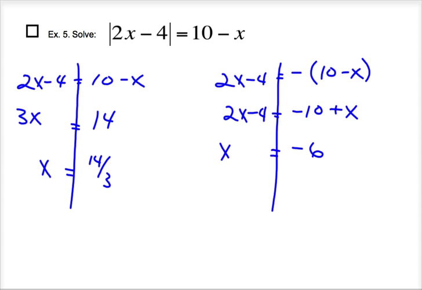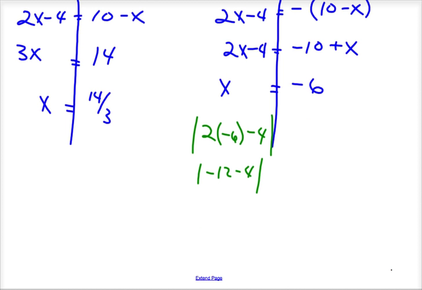So let's plug negative 6 into the beginning part here. I would have the absolute value of 2 times negative 6 minus 4. I want to find that absolute value. Well, that'd be the absolute value of negative 12 minus 4, which would be the absolute value of negative 16, which is 16.